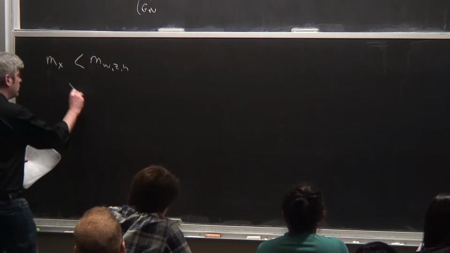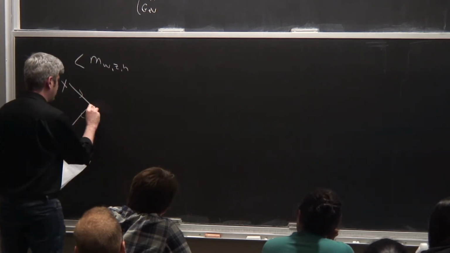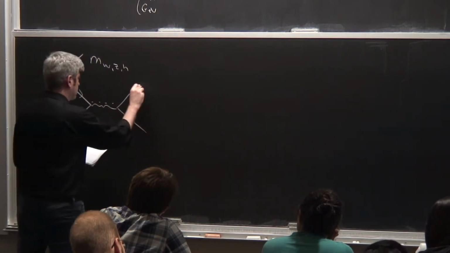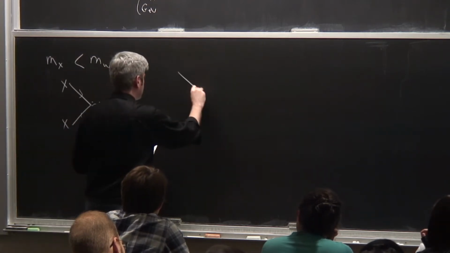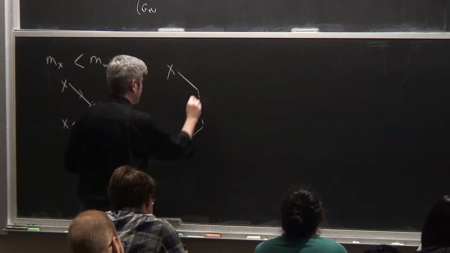At tree level, I could imagine some sort of S-channel diagram. And I'm writing this could be a scalar or a vector. Or, of course, I could consider some sort of T-channel diagram, I'll just draw a solid line.